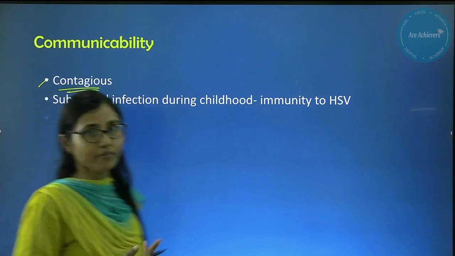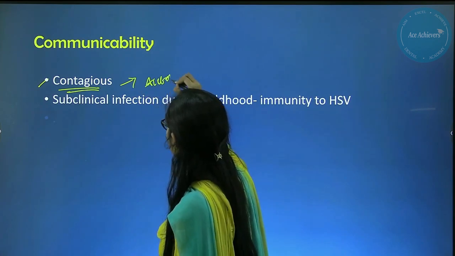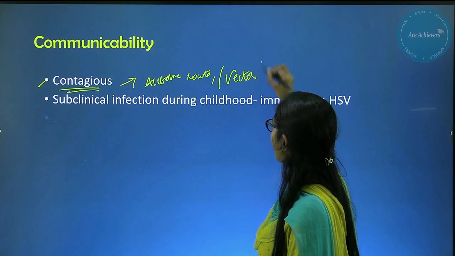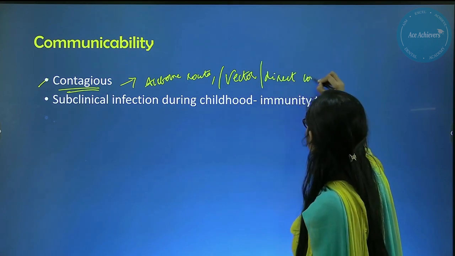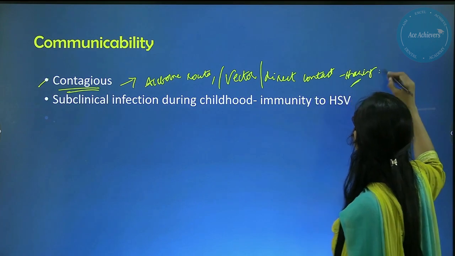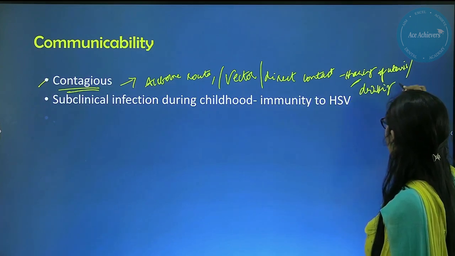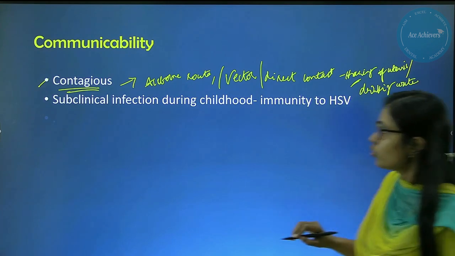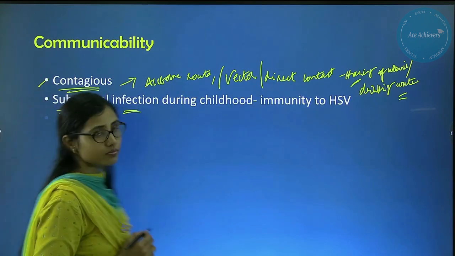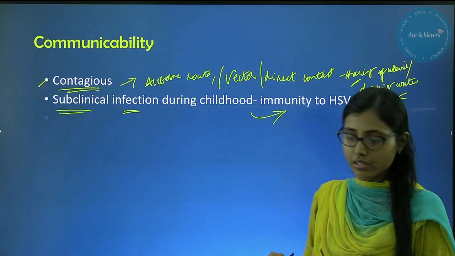That means it spreads from person to person through the airborne route, by vectors or arthropod vectors, by direct contact, sharing of utensils, or even by eating and drinking water and sharing food. Although it is contagious, there is some subclinical infection during childhood due to primary herpetic lesions, which gives immunity to herpes simplex virus lesions.